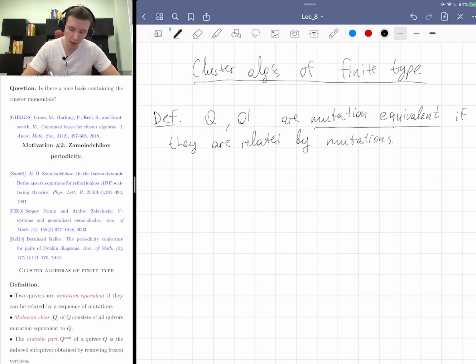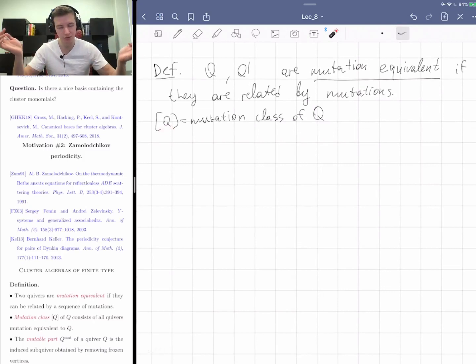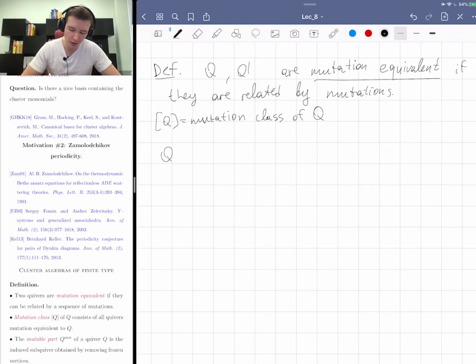I'm going to denote by brackets Q the mutation equivalence class of Q. Remember, an ice quiver has frozen variables and mutable vertices, and sometimes the frozen vertices are not going to be too important here. So let me denote by Q mut the mutable part of Q.